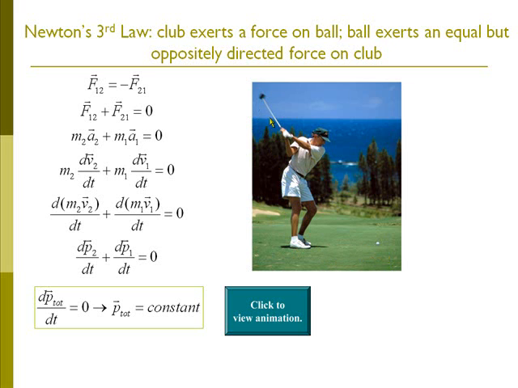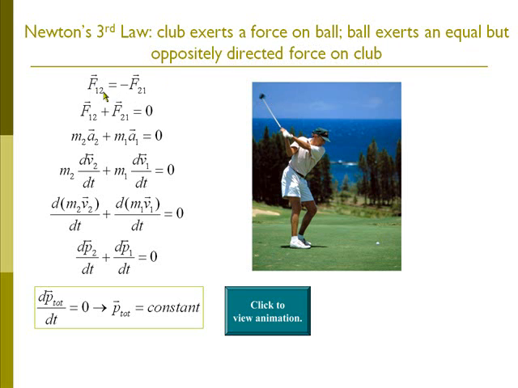In other words, let's introduce the golf club, which previously was the agent of our force, as a member of a two-object system. By Newton's third law, the club exerts a force on the ball, and the ball exerts an equal but oppositely directed force on the club.